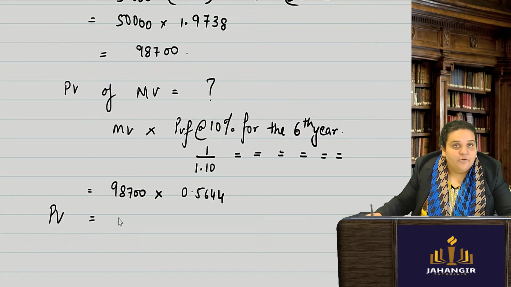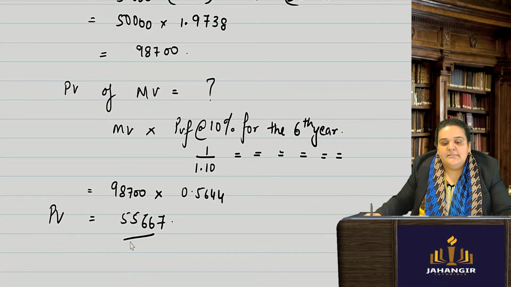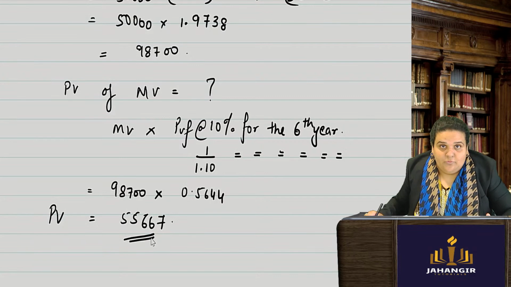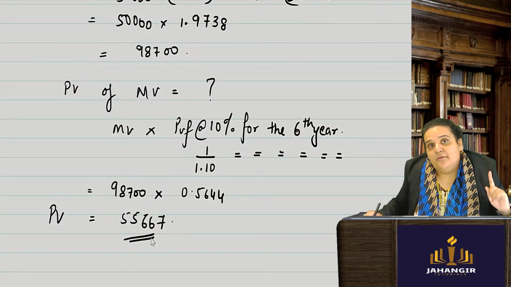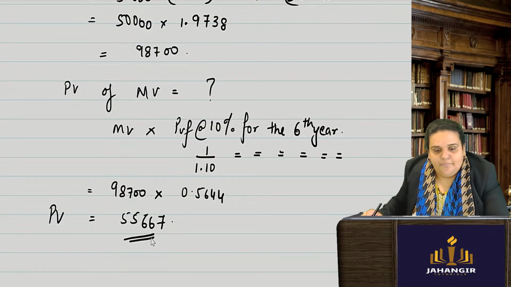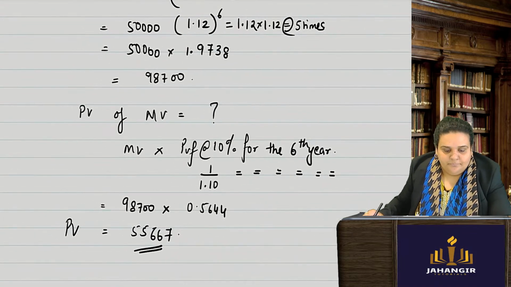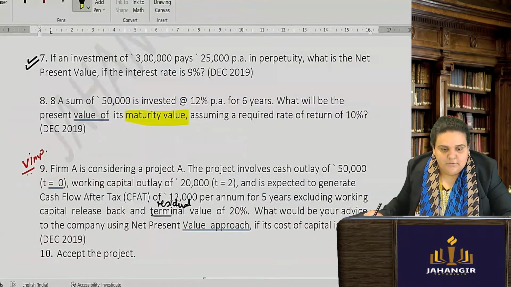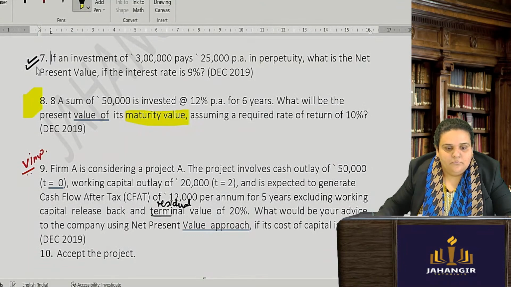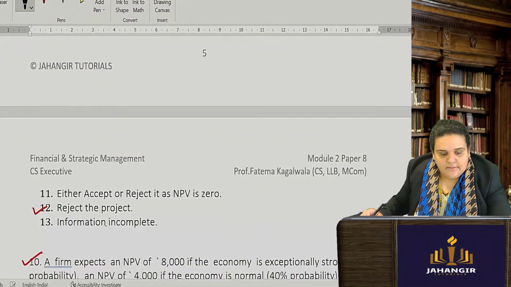So the present value of your maturity value will be 55,667 rupees. Present value, okay, of my maturity value. Important sum again. There are this type of sums. Okay, question number 8 is done.